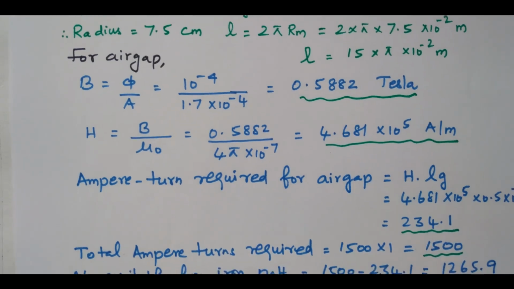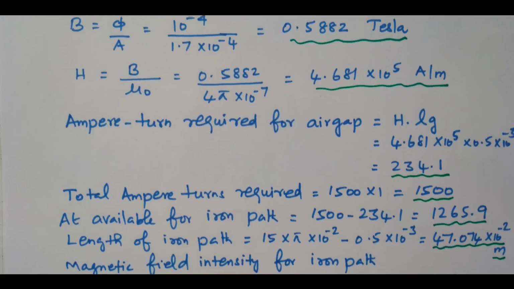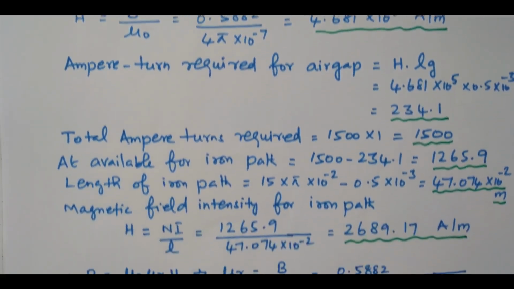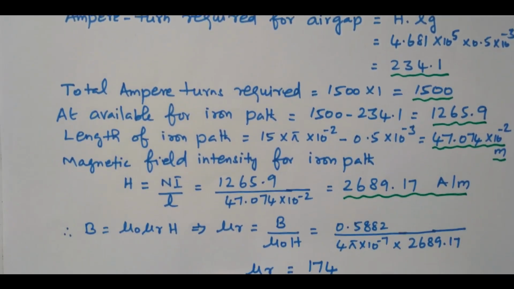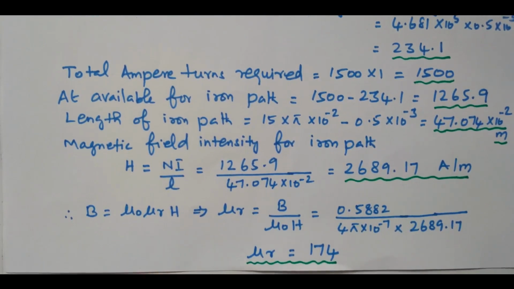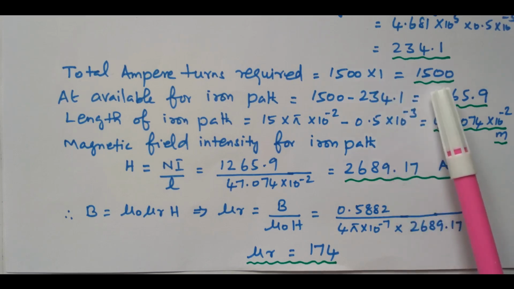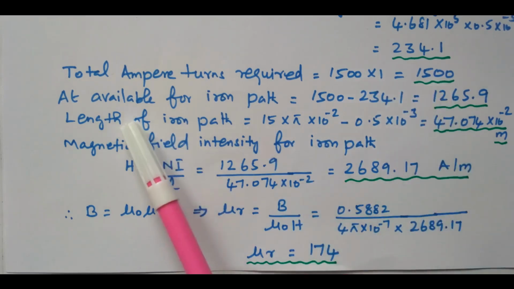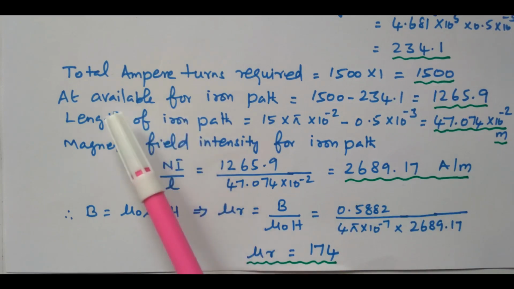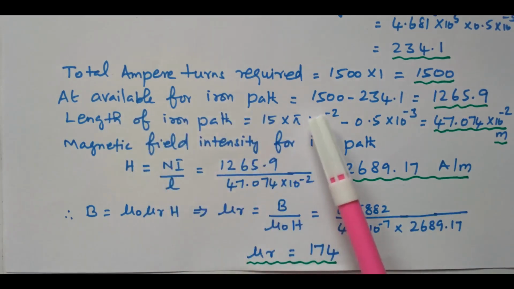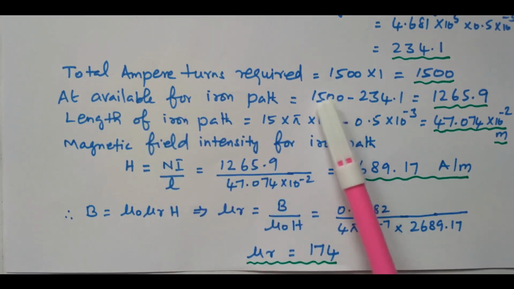Now we'll go to the total MMF required. The total MMF required is 1500 into 1, that is 1500. This is the total ampere turns available.